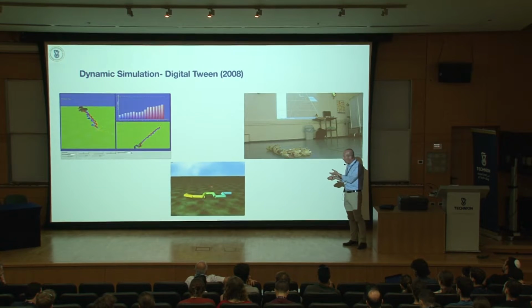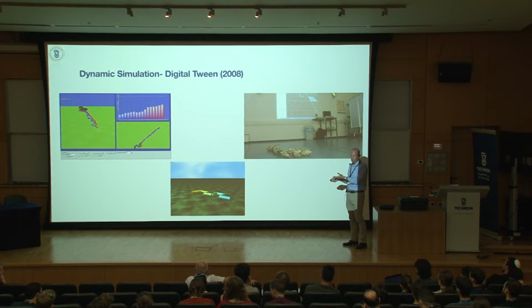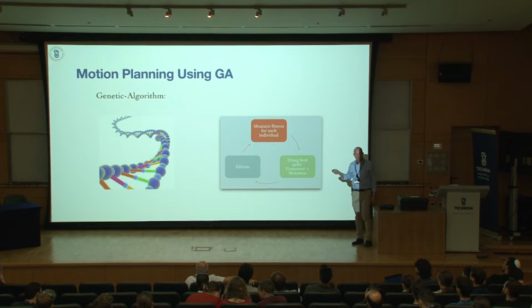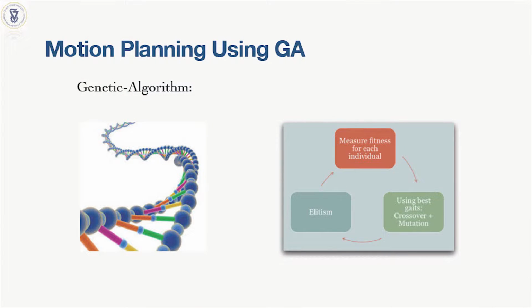So now we have a computer animation, or not animation, a dynamic model of the snake. Then we use genetic algorithm to teach the snake in the computer to move, with the theory that the motions developed on the computer, because you can evolve them very fast, millions of evolutions, can be copied to the real snake.